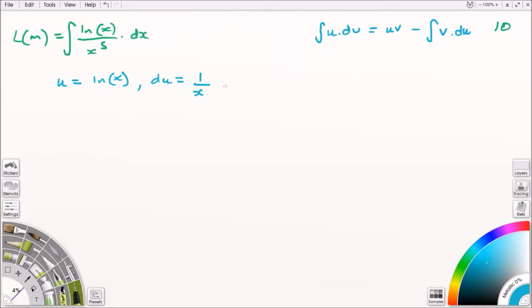In this case it's x, so 1 over x. And now we need to pick a dv term, and we've only got one other option here, and that's 1 over x to the 5. So we need to integrate this in order to get v.